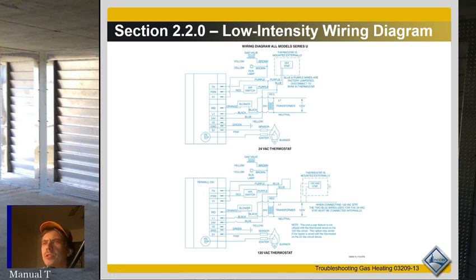Usually spark ignition has 2 electrodes: one is the igniter electrode, and the other one is the flame sensor, which also serves as the jumping point for the spark. Sometimes you will see spark ignition systems where you have just a separate ground rod, but generally it's 2, just because the flame sensor makes a good spot for the spark to go to.